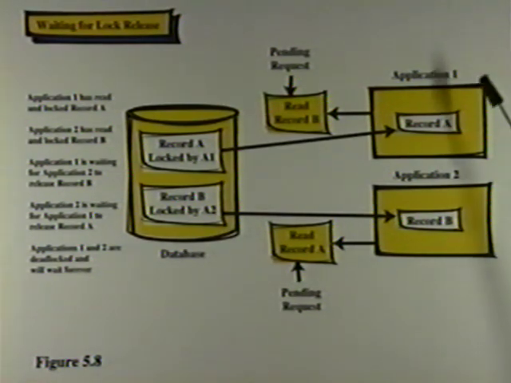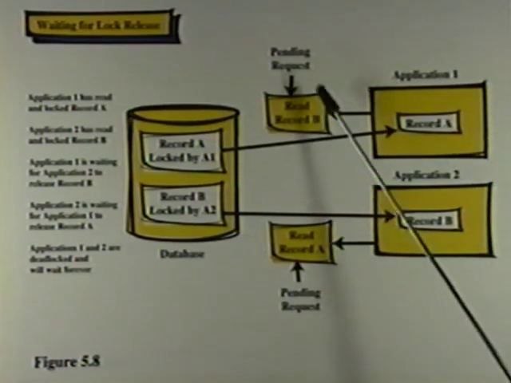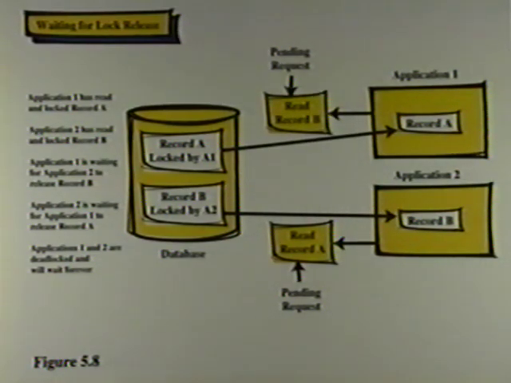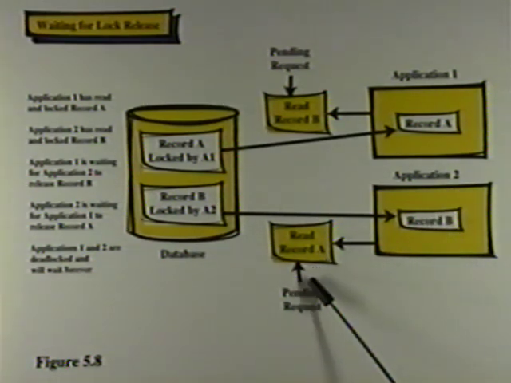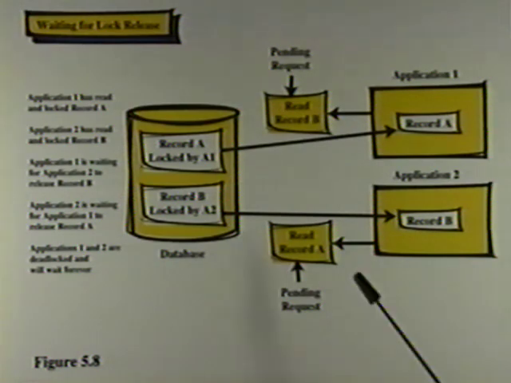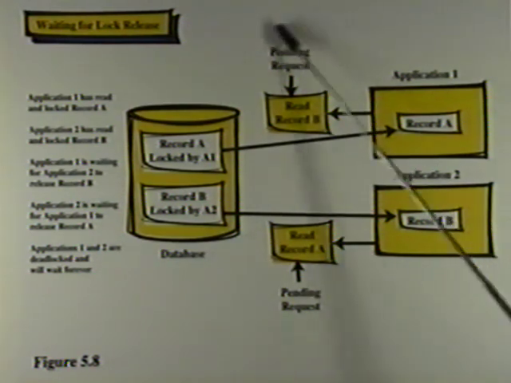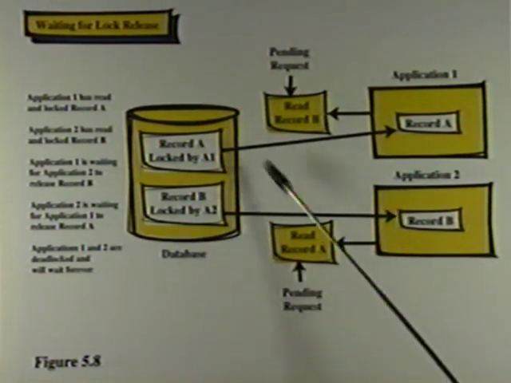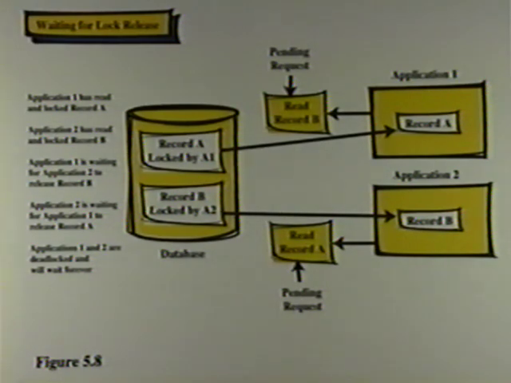Now what happens? Application 1 makes a request to read record B. Simultaneously, application 2 makes a request to read record A.